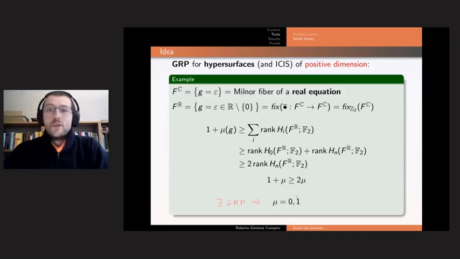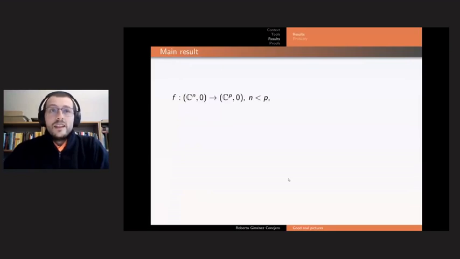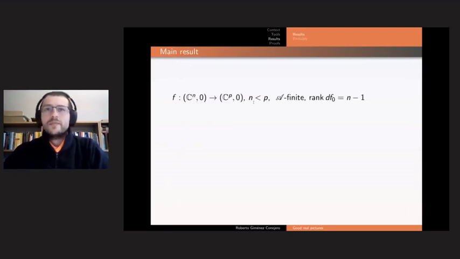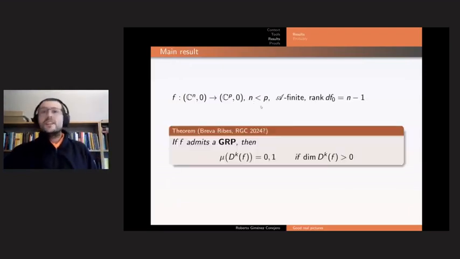What do we do? Well, this kind of result is what we prove. We prove that for mappings from Cn to Cp, n less than p, with the same conditions, say finite, corank 1, if f admits a good real picture, then the Milnor numbers of the multiple point spaces, which are ICIS, isolated complete intersection singularities, are 0 or 1.